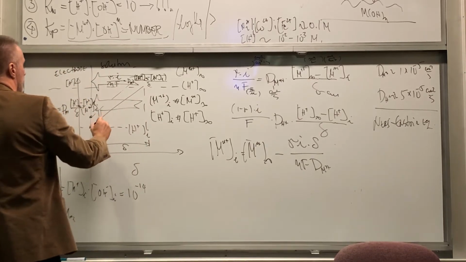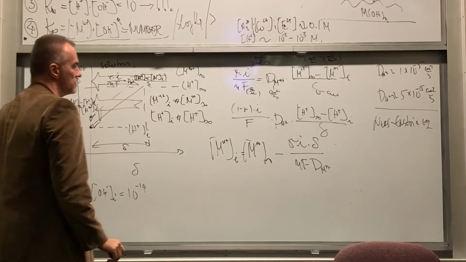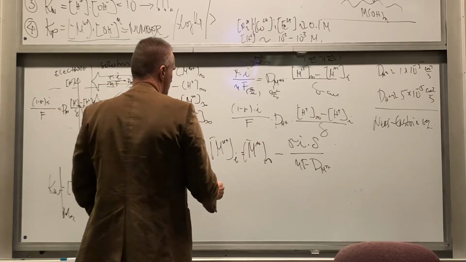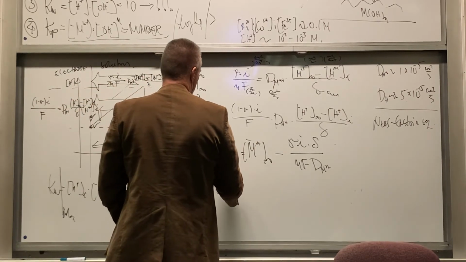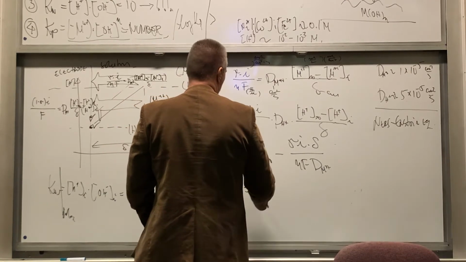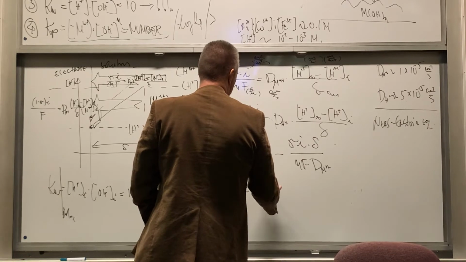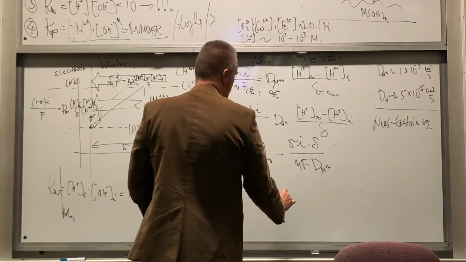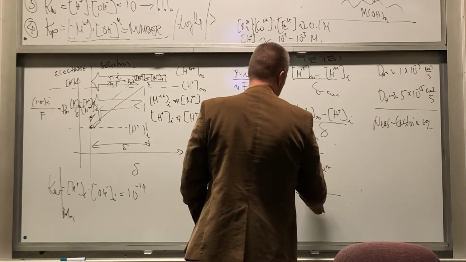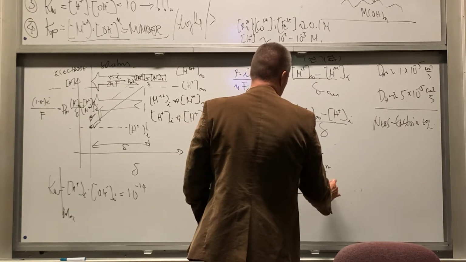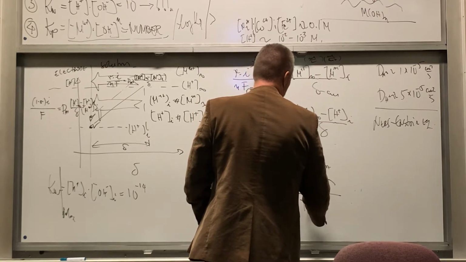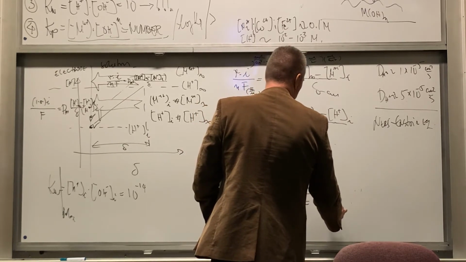And then for hydrogen, it's basically the same. Hydrogen concentration at the interface is equal to H plus in the bulk minus, and the only difference here is 1 minus gamma, I, delta over F times D H plus.